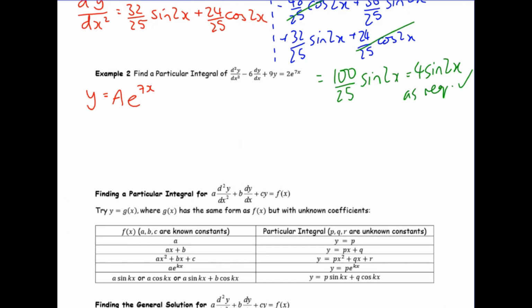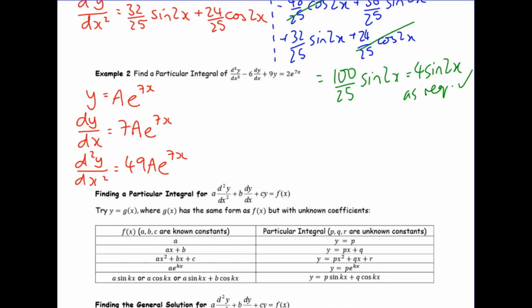So I'm going to guess that my particular integral for this is a times e to the 7x. If I differentiate this, dy by dx is 7a e to the 7x. And if I differentiate it again, 49a e to the 7x.